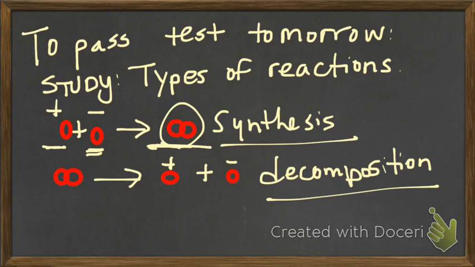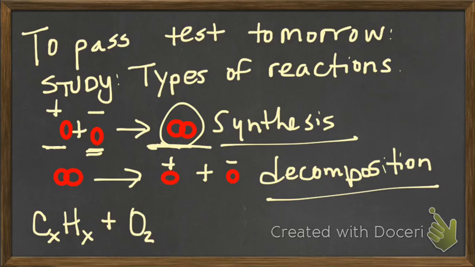And combustion always looks the same, and I don't want you to mistake it for this or one of the replacement reactions. Combustion is always a hydrocarbon, so C something H something, plus O2. A combustion reaction can't be simplified the way a synthesis or decomposition can.